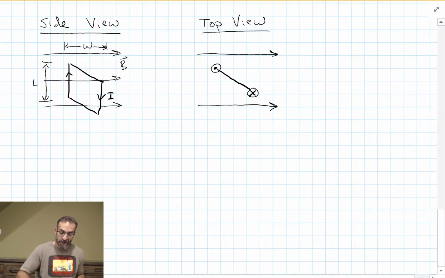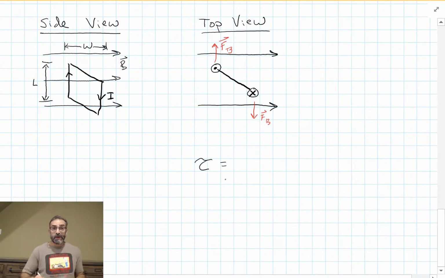Or if we're looking at the top view, towards the top of the page. On the right side, it's still out of the page, or from the top, it looks like it's pointing toward the bottom of the page. Our torque now is a little bit less because the lever arm is a little bit shorter.